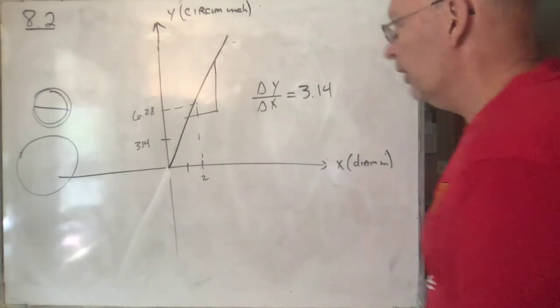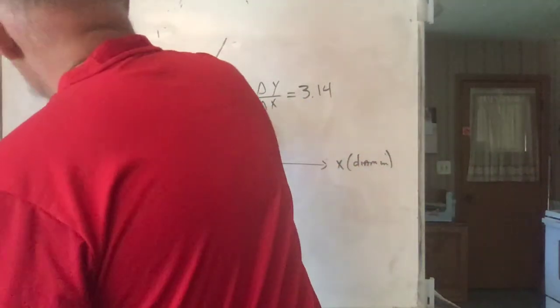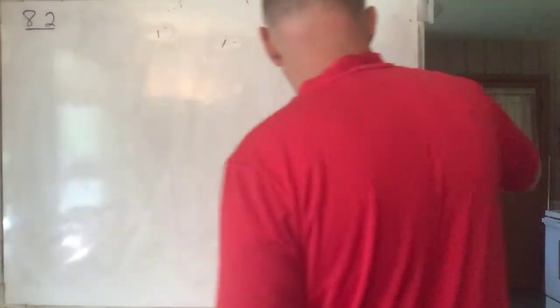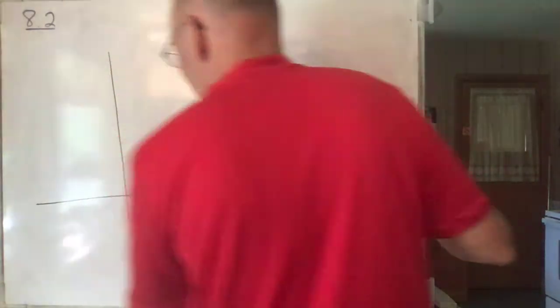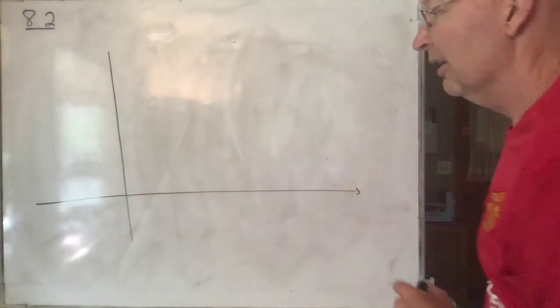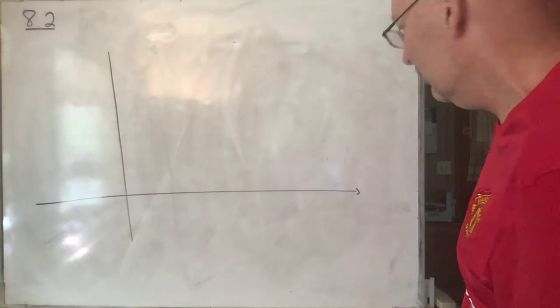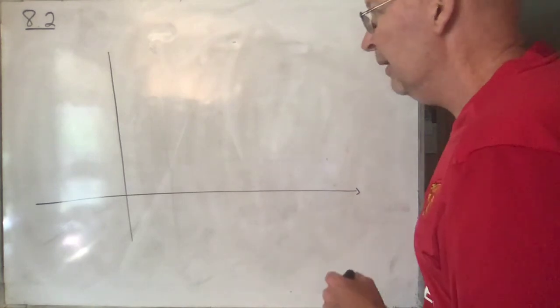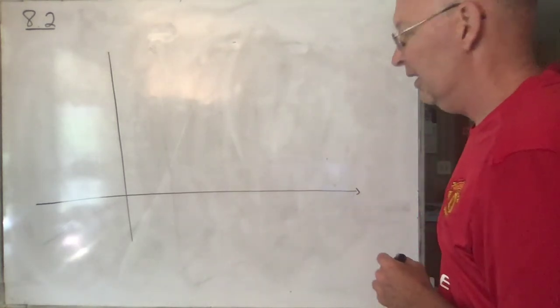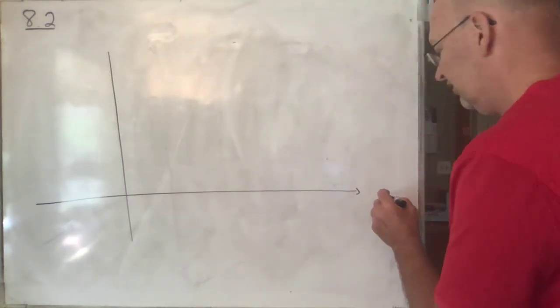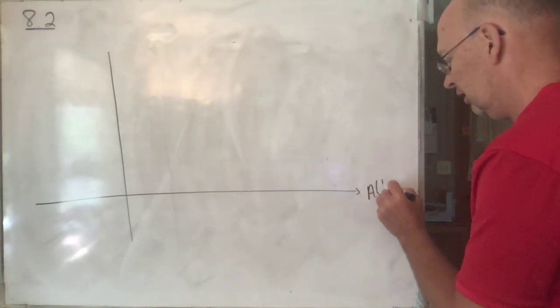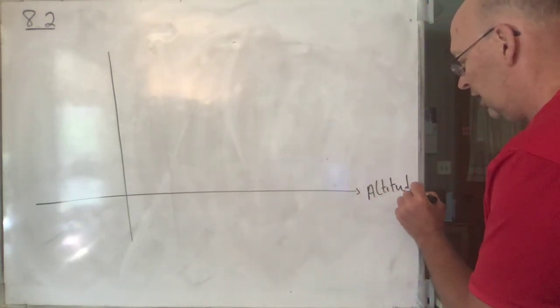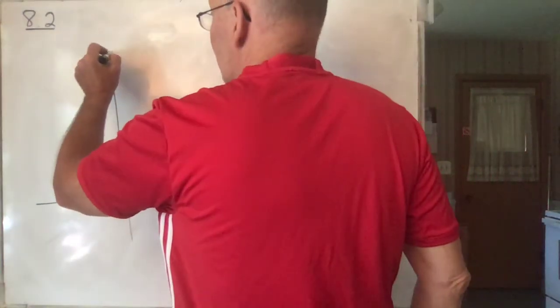Let's try one more. You'll see why I want this last one. A friend of mine just emailed me this morning, asked me if I was interested in hiking to the base camp of Mount Everest with him. And apparently it's not too expensive and a lot of fun to get to the base camp, and then you just stay there. You can see the base camp of Mount Everest. And so let's say that this is your altitude here, and this is the atmospheric pressure here.